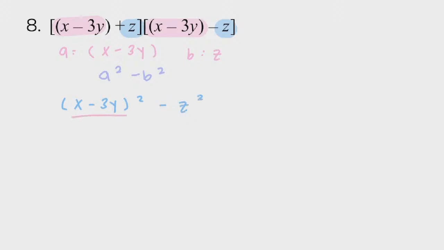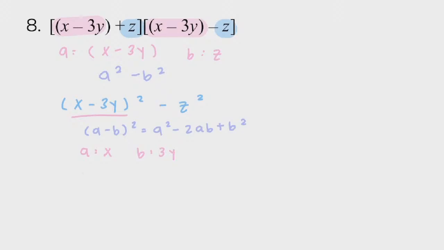And now to multiply this part out, this is actually a perfect square trinomial. So the equation is a minus b squared equals a squared minus 2ab plus b squared. In this problem, a is going to be x and b is going to be 3y.